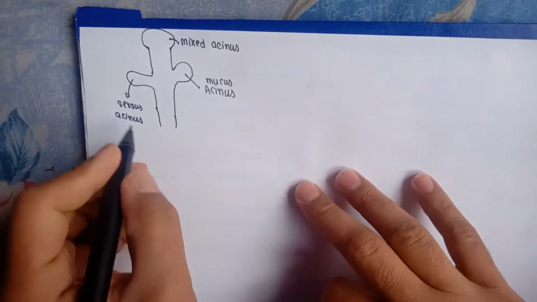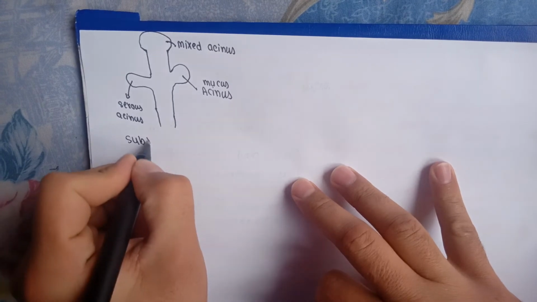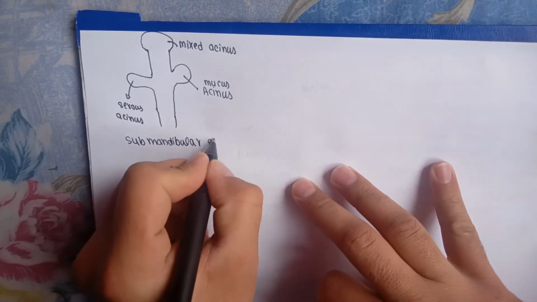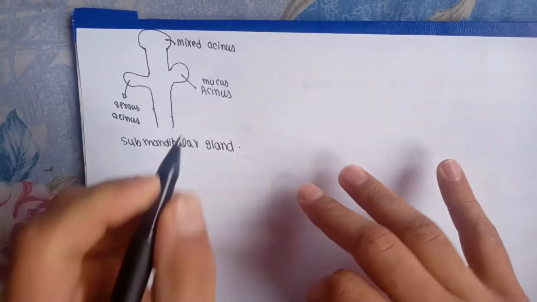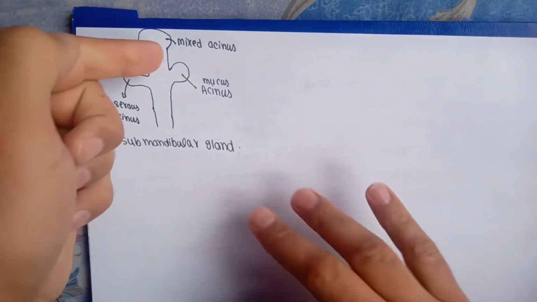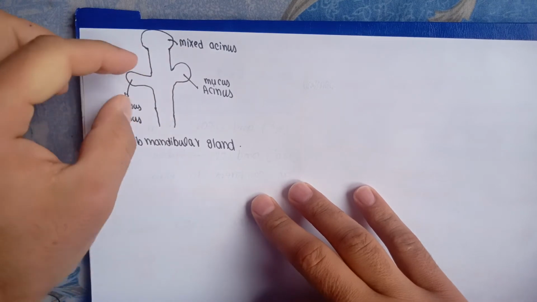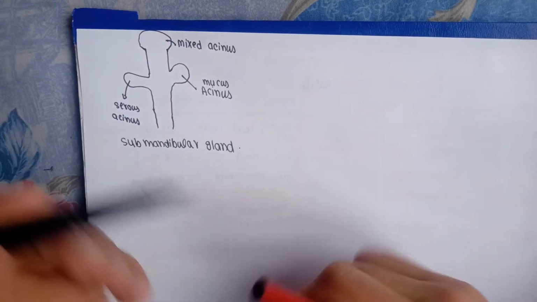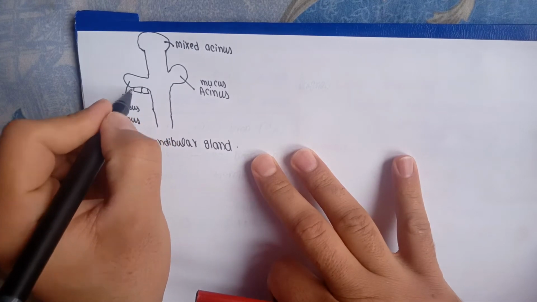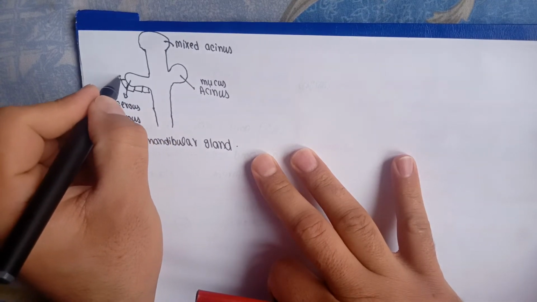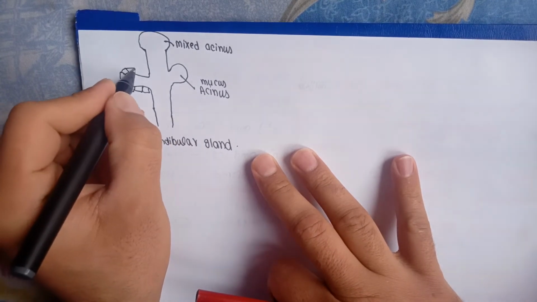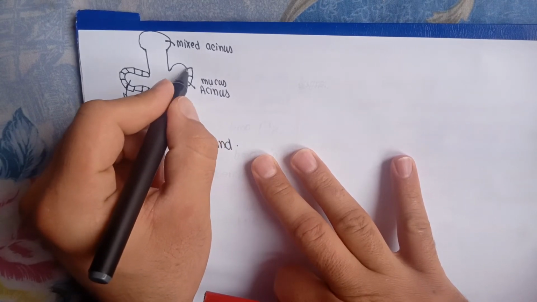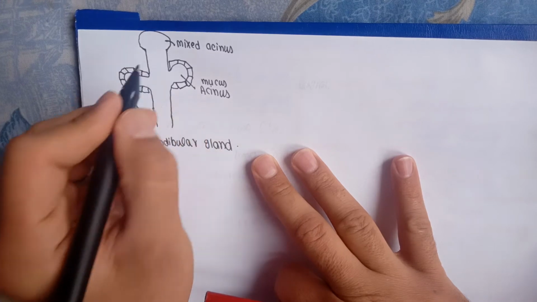What is this? This is the submandibular gland. You should know that this is the duct of the submandibular gland and this is the acinus consisting of cell layers. I am not drawing them here. If I draw here, these are the different cells, which perform different functions.